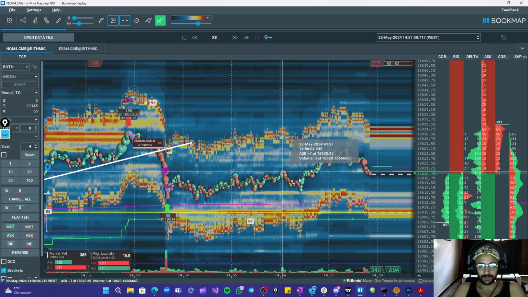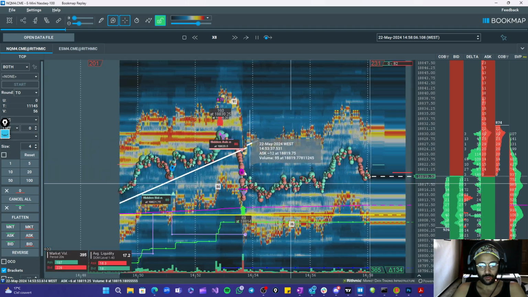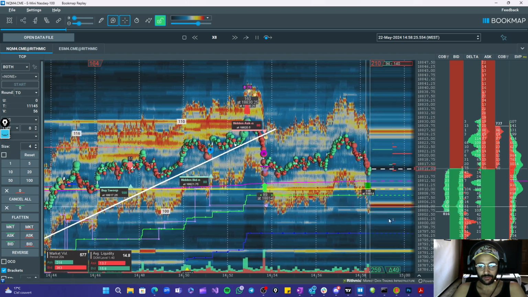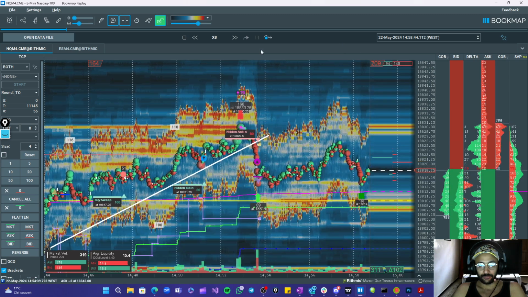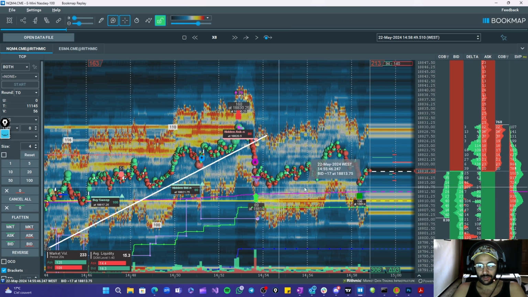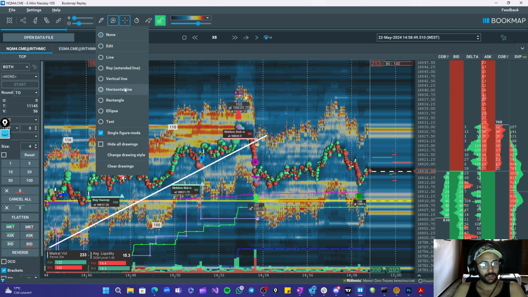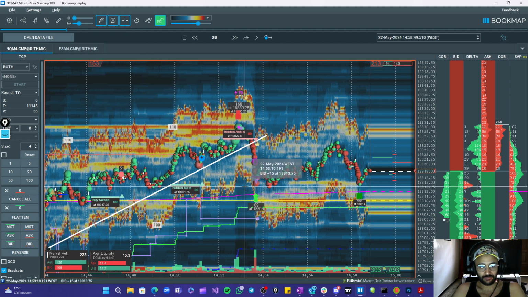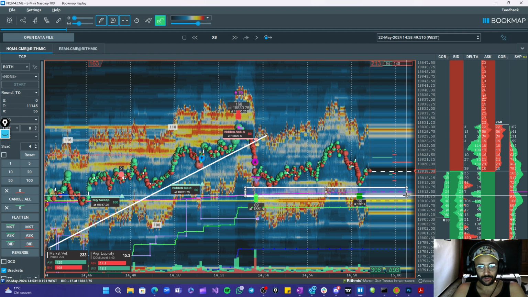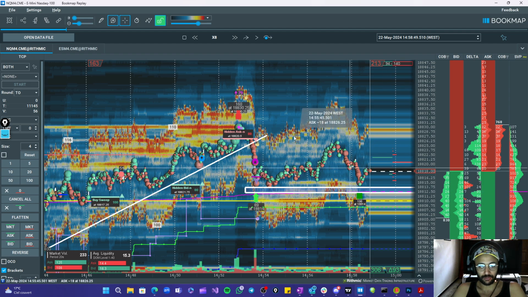As we can see, there is nothing interesting once we crashed this level, but I can see that we are holding here. We have stops and we have an exhaustion on those levels, so we are holding VWAP, book, and we have exhaustion. So for me, I can maybe draw a rectangle. Maybe it's a good support here. We will see.